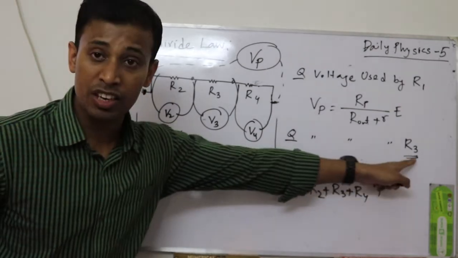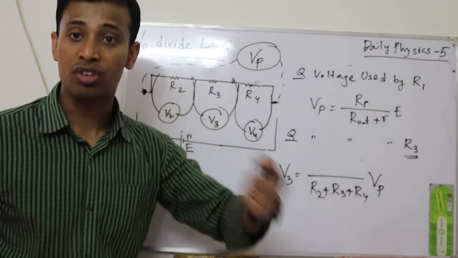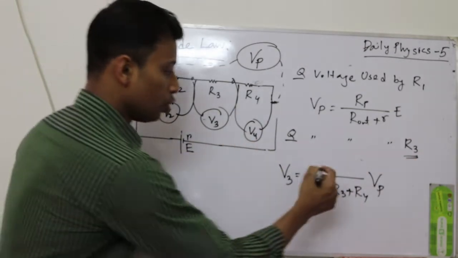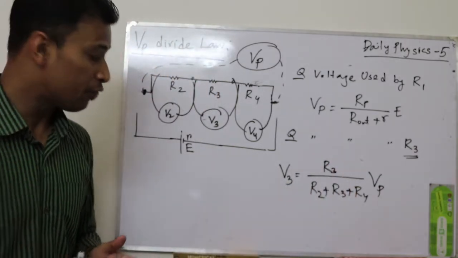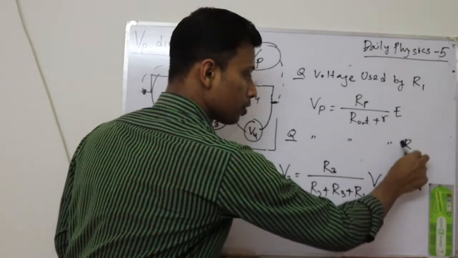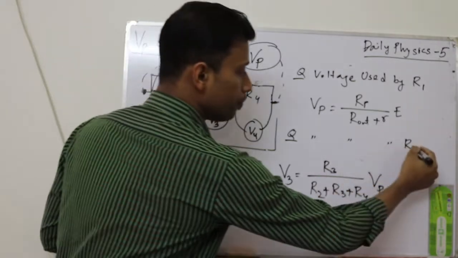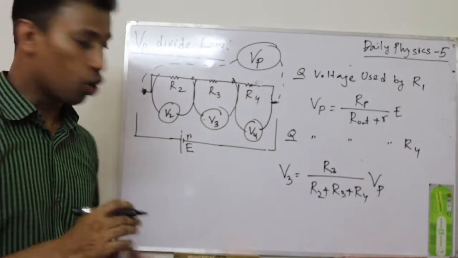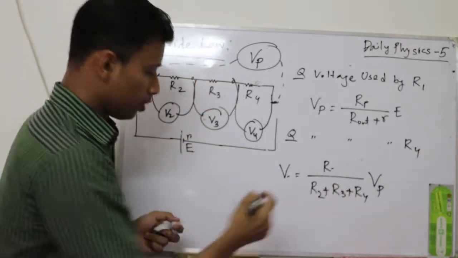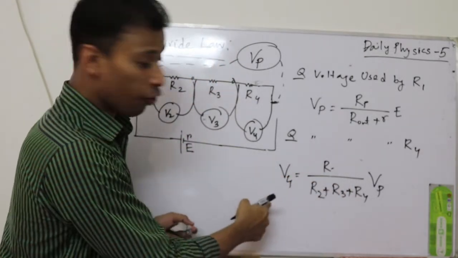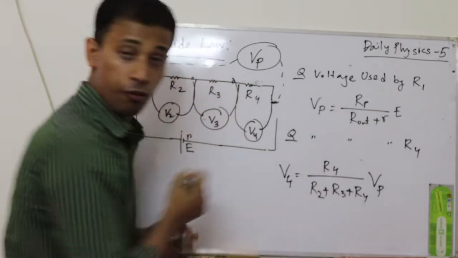V3, the voltage difference through resistance R3, so we write R3 here. If we want the voltage used by R4, then it will be V4 with R4.